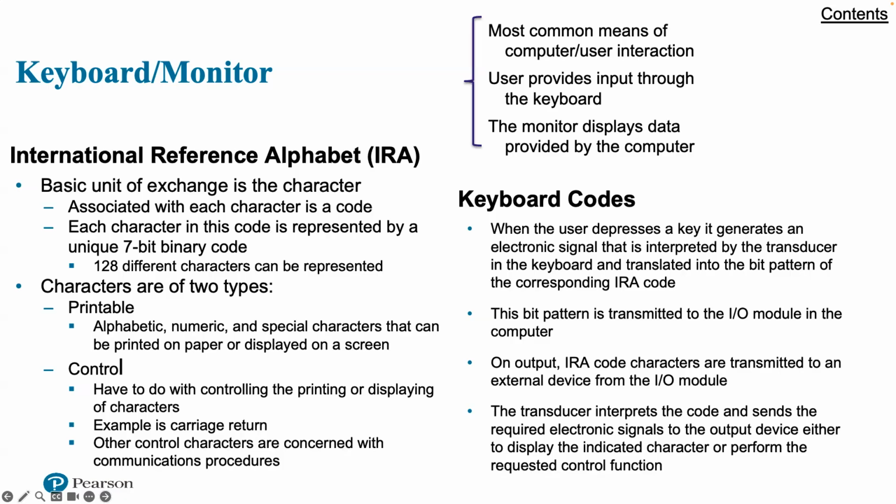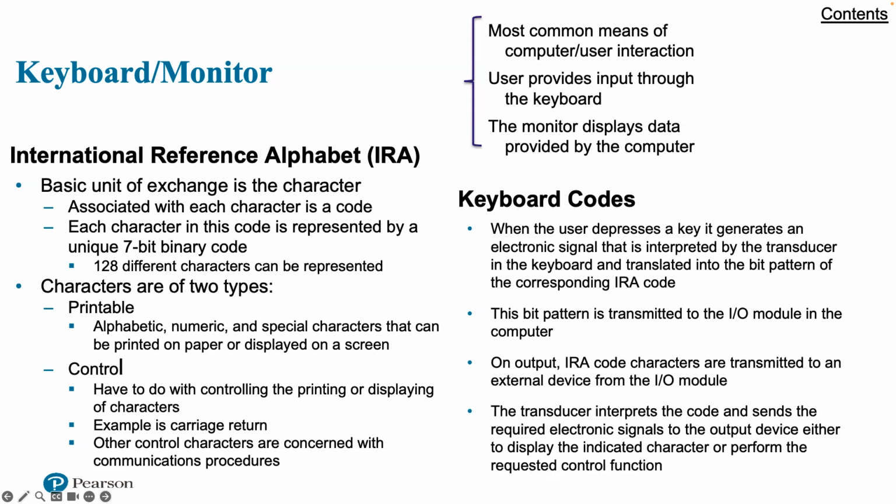On output, IRA code characters are transmitted to the external device from the I/O module. The transducer at the device interprets this code and sends the required electronic signals to the output device, either to display the indicated character or perform the requested control function.